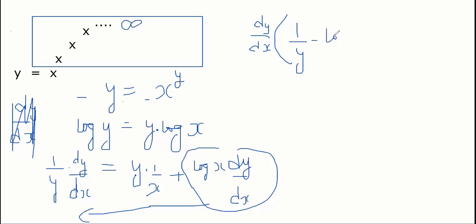गुड. ये तो हो गया लेफ्ट साइड. राइट साइड में क्या बचा? y by x equal to y over x. फाइनल को निकालना क्या था? dy over dx. So dy by dx equal to, interesting method, right? How can we make such a bad question into an easy one?